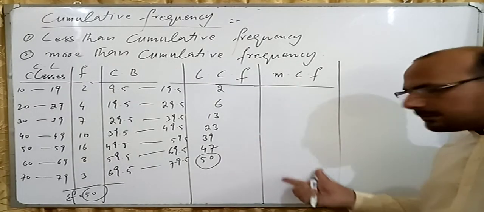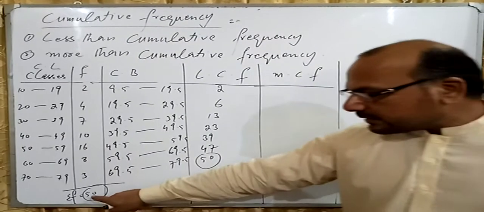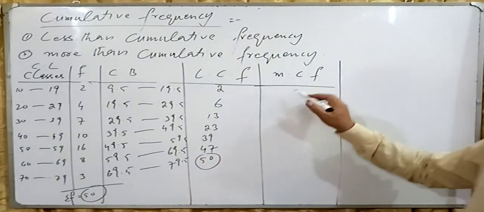After that, how can you make the column of more than cumulative frequency? You will start from the summation of the frequency, 50.